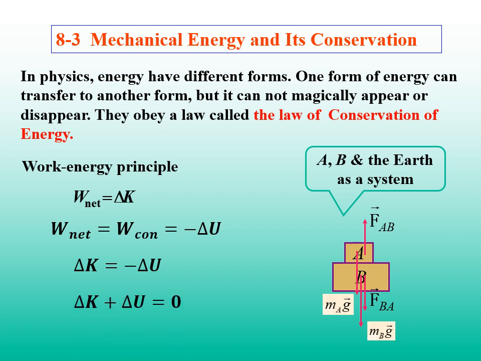We rearrange it, and then we have delta K plus delta U equals 0, or the change in kinetic energy plus the change in potential energy equals 0. Here, the subscript f denotes final, and i stands for initial.